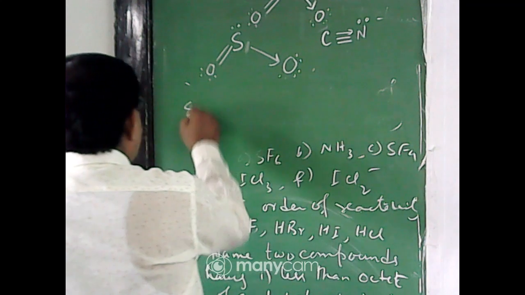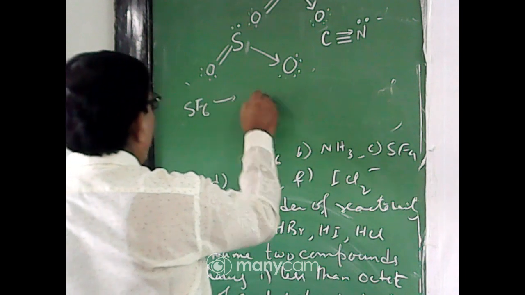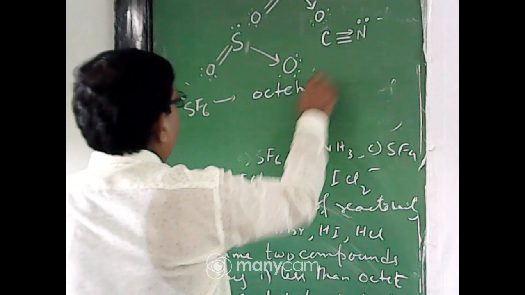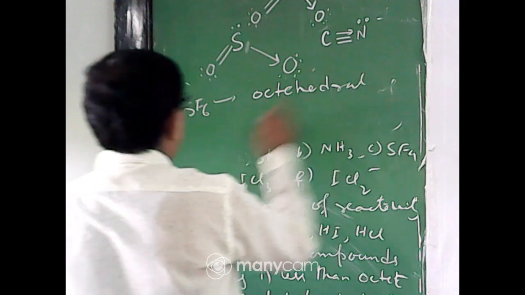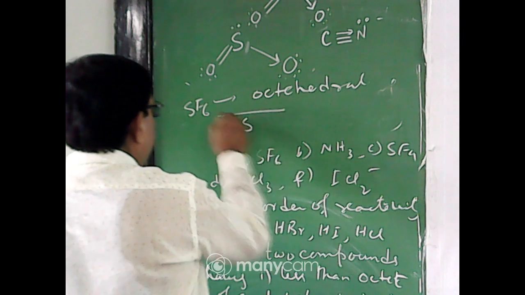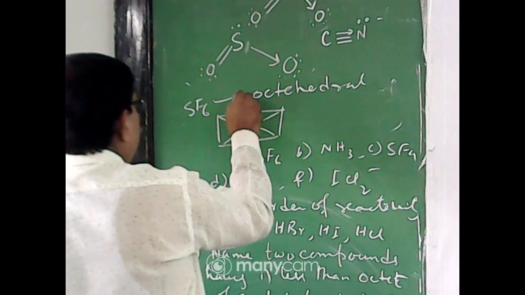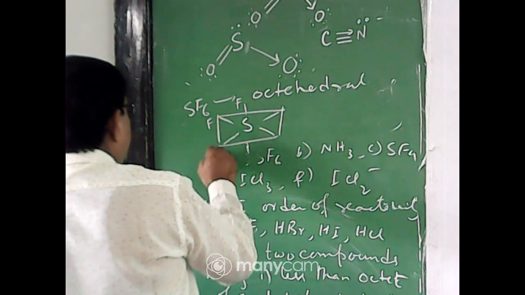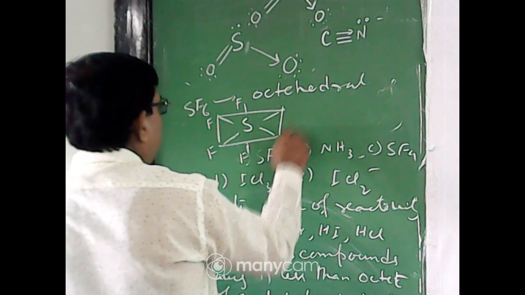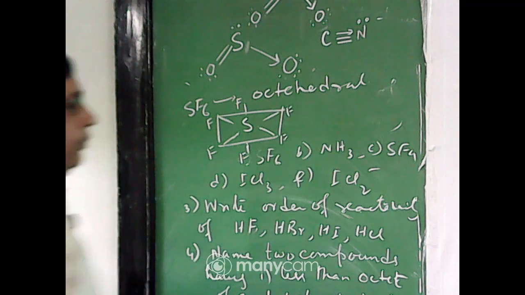SF6's ideal shape will be octahedral, because all are bond pairs, there is no lone pair. This will be the shape: F, F, F, F. This is called octahedral shape. Okay.